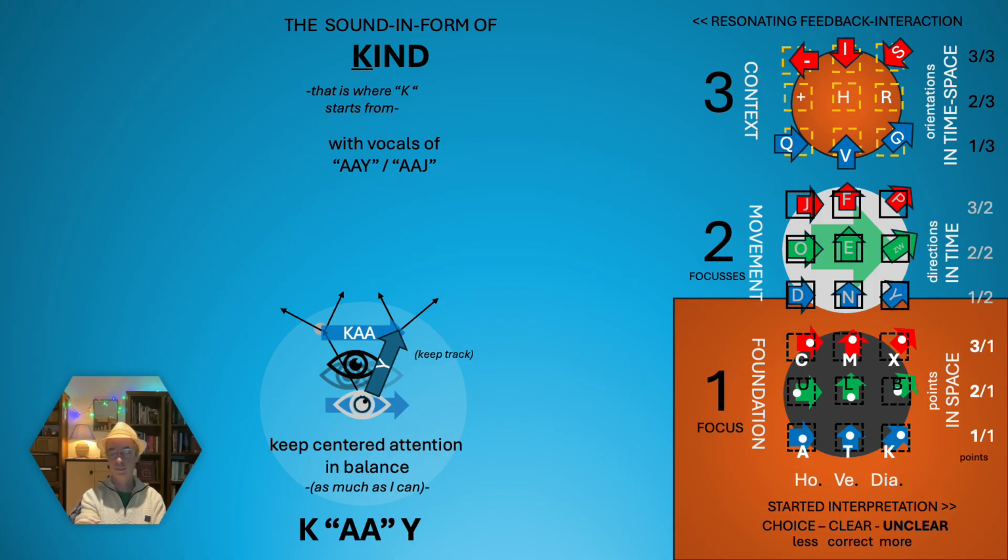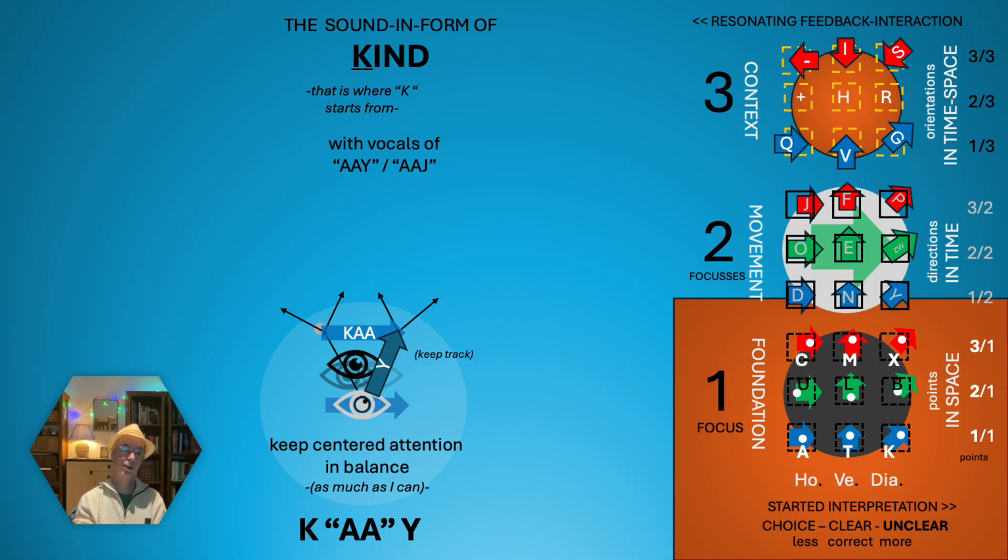This Y can be expressed in two different ways. It can be expressed as the Y or as the G. In other languages you sometimes have the G, and they are interpreted differently, but it all comes down to dealing with where things are going, so that you can keep that balance intact.